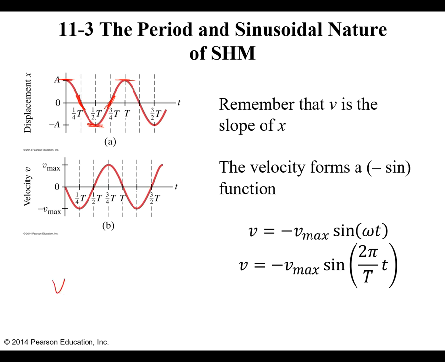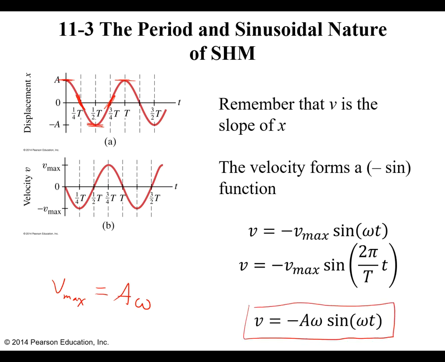Remember that V max can be written as A omega. In a previous slide, we had an equation for V max. If you look at that equation, you'll see that it is simply the amplitude times the angular frequency. And so knowing that, our final equation becomes that the velocity is equal to negative A omega times sine of omega t.